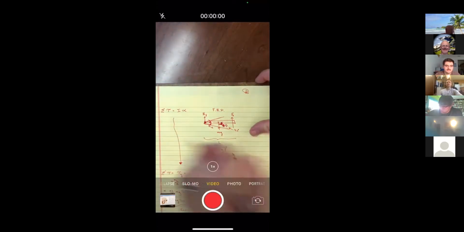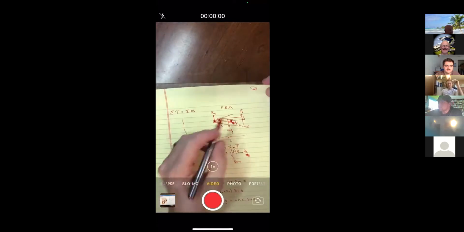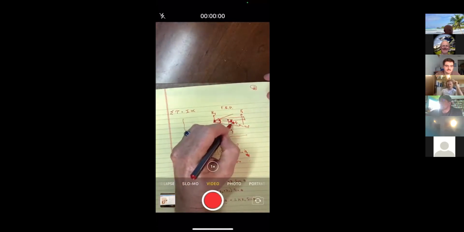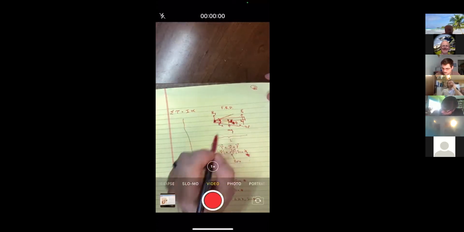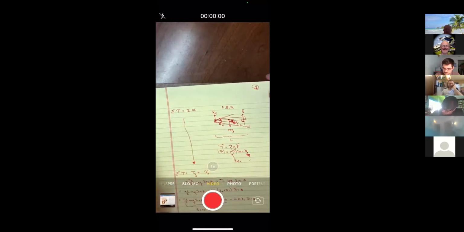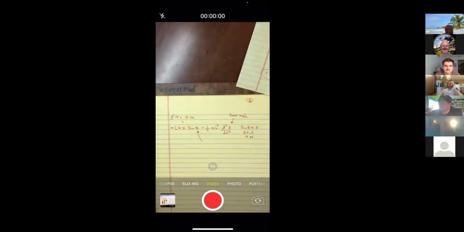So I'm going to say that the torque from gravity is always pretty close to 90 degrees, and the torque from the spring is pretty close to 90 degrees.